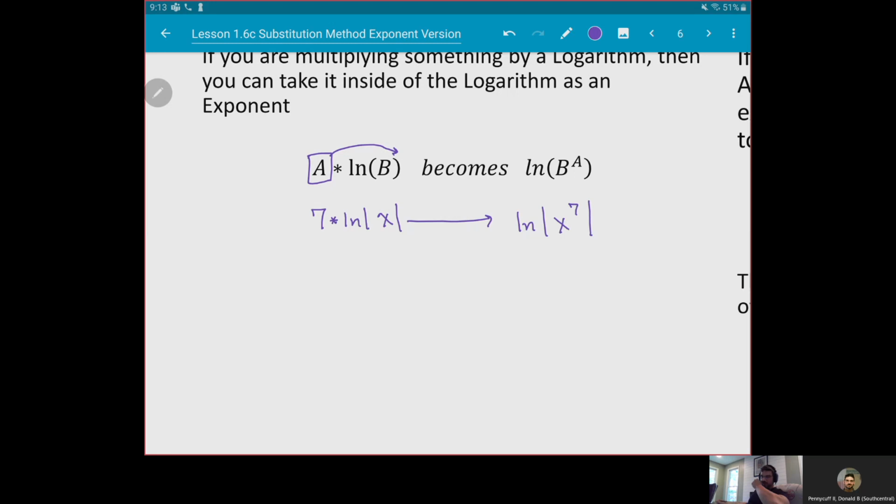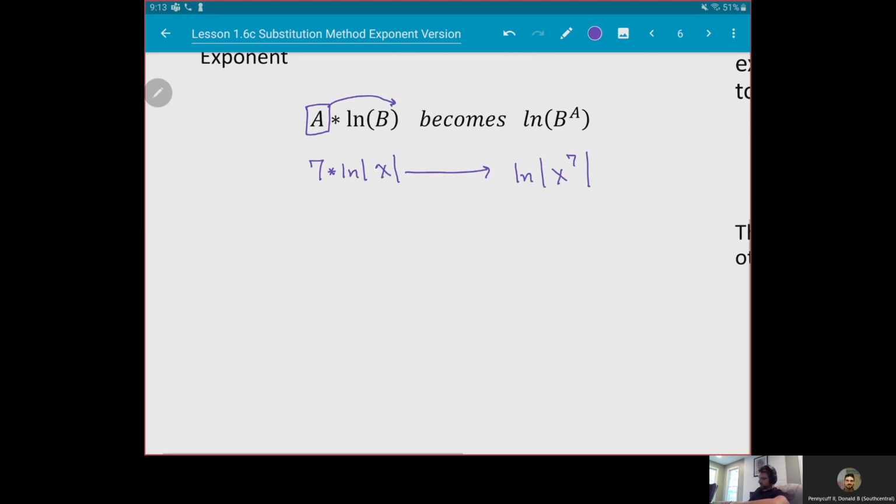Okay? And it doesn't have to be just an x. You could have something like 5 times ln of 2x plus 3, and that would turn into ln of (2x plus 3) to the 5th power. Okay?